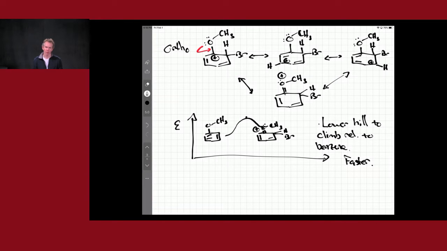But now let's talk about ortho versus para and meta. Okay, so if we then consider para, again, undergoing this electrophilic aromatic substitution, we should then be able to have an ion that looks like this.